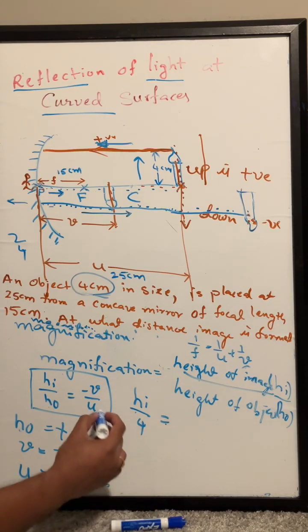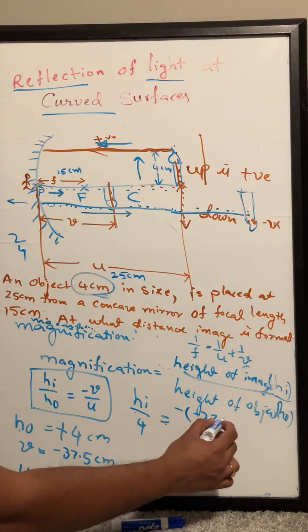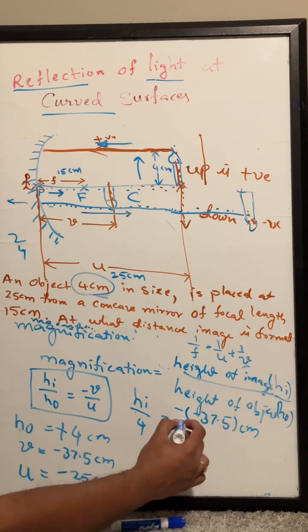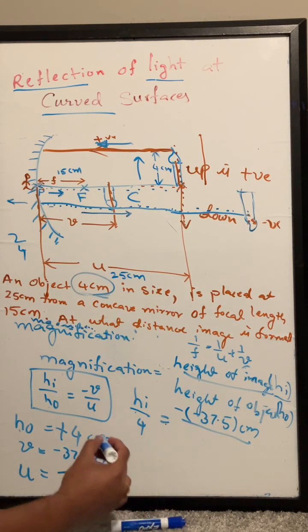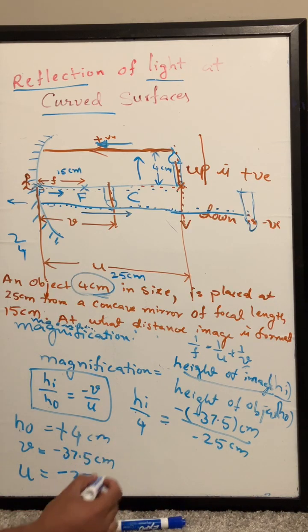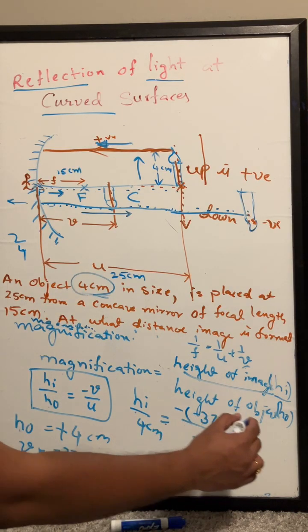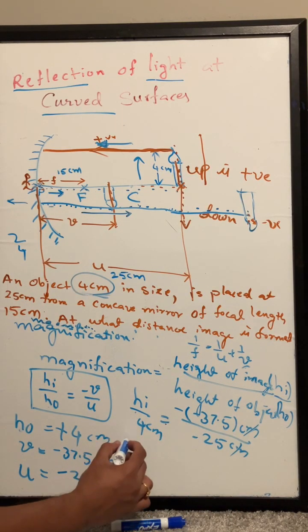So if we replace all these things in this formula: minus of minus 37.5 centimeters by U, which is minus 25 centimeters, and this is 4 centimeters. Cancel.